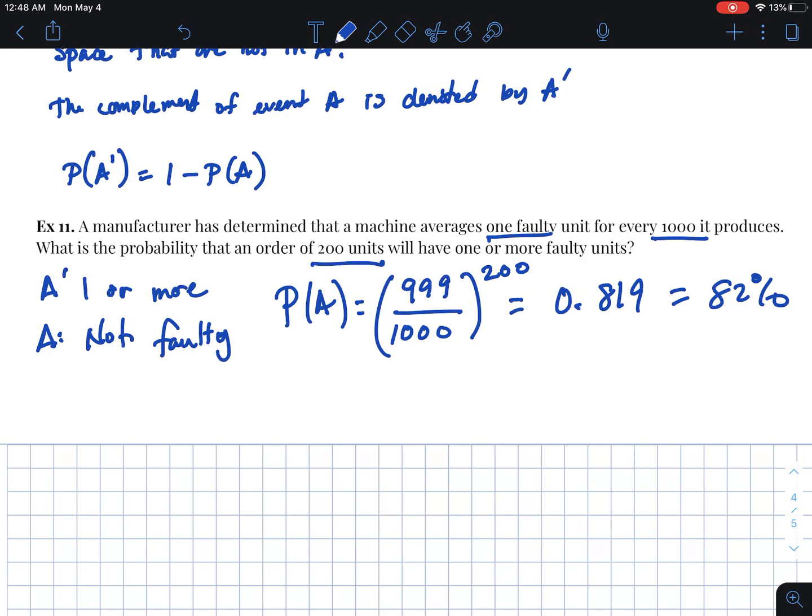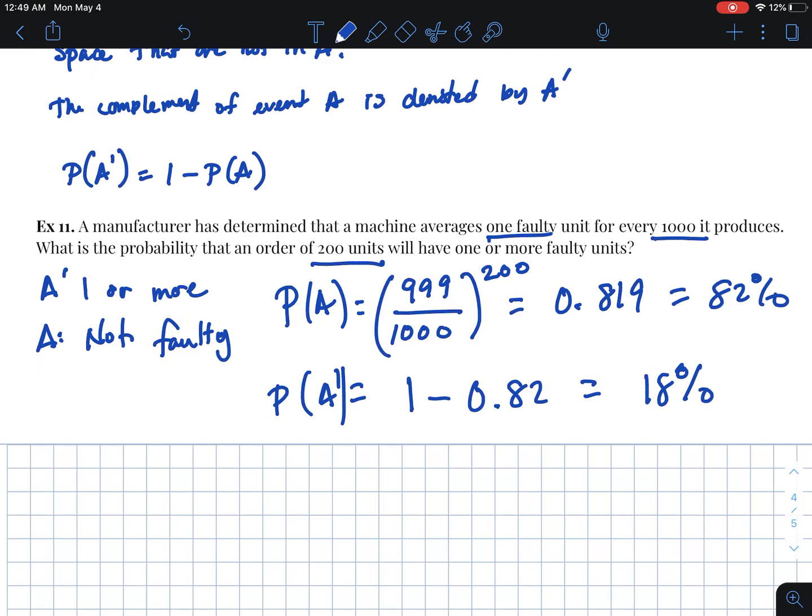All right, so we want to find where it is one or more. We'll take 1 minus this 82%, so that's leaving us with 18%.